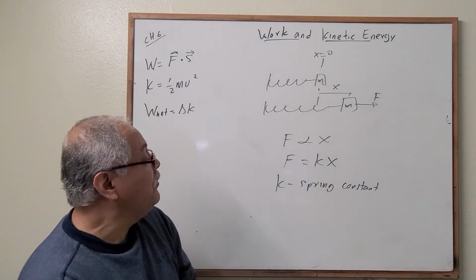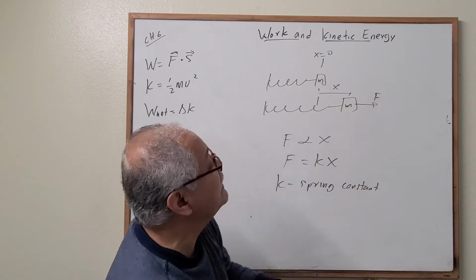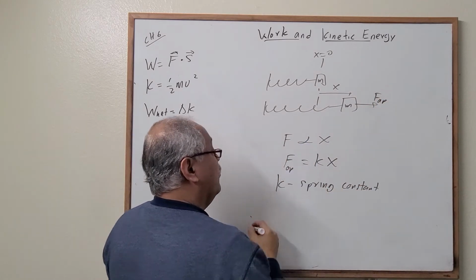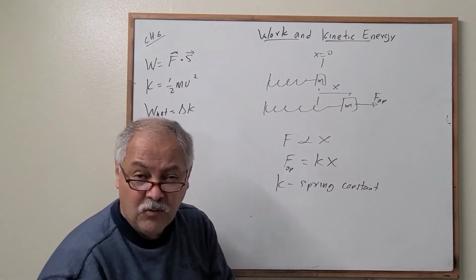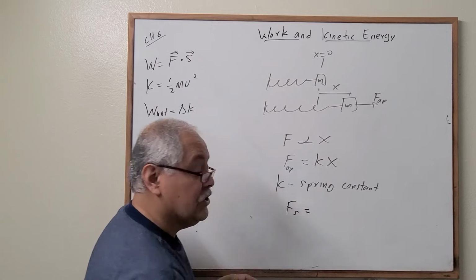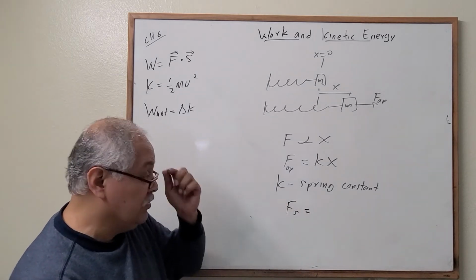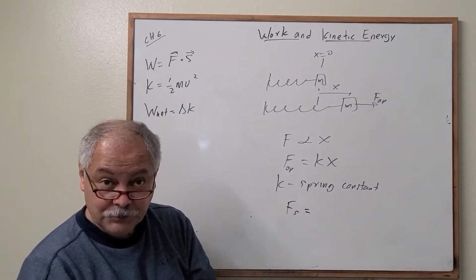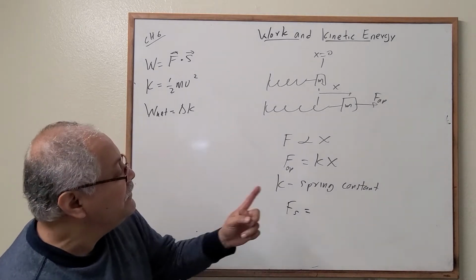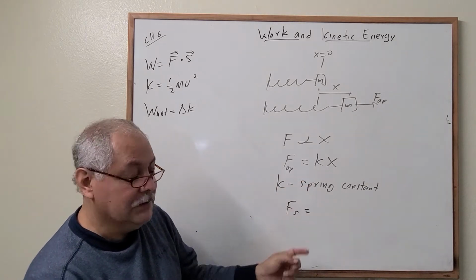Perfect. Now this is again what we call the applied force. What should be the force done by the spring? The force done by the spring is equal to, well, in this case we use the action-reaction law, Newton's third law, right? If this is the action, what should be the reaction?